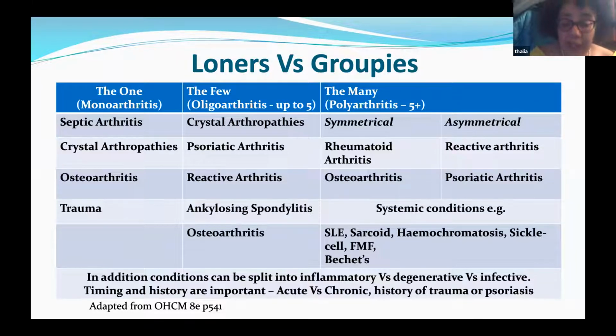Then he realized that actually there are more. So he divided inflammatory versus degenerative versus infections. He also took into consideration the timing, so he divided acute versus chronic, and if there is any previous history such as psoriasis or trauma.